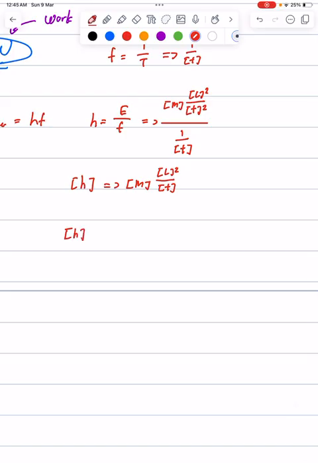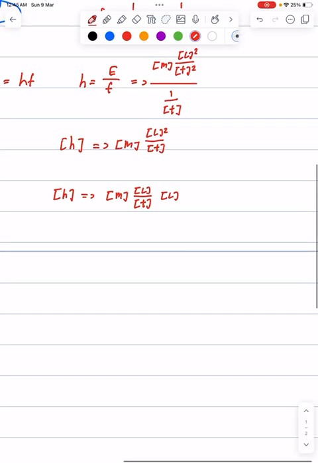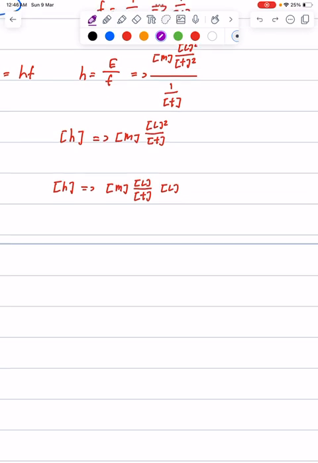So the units of h equal kilograms times length over time times length. Notice here that this is the unit for velocity.